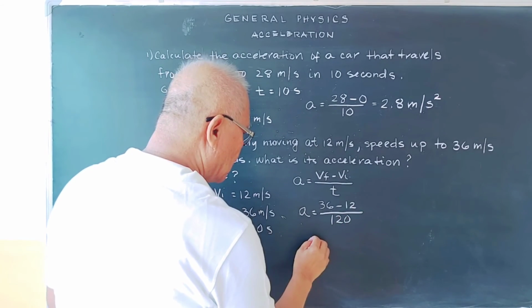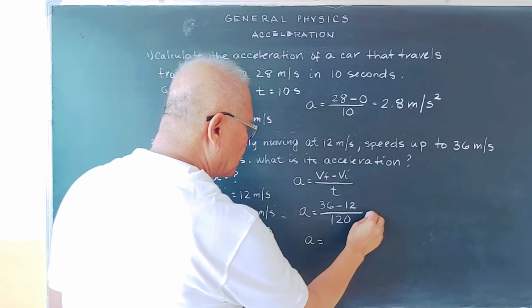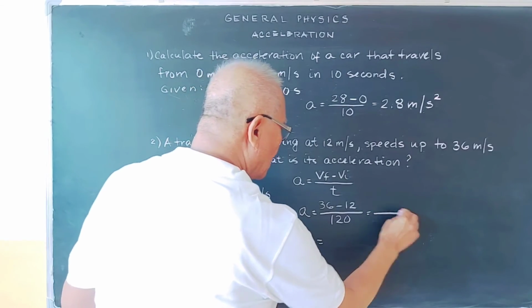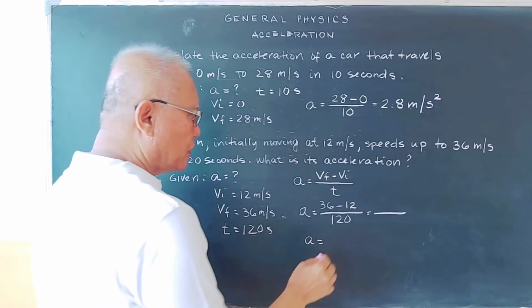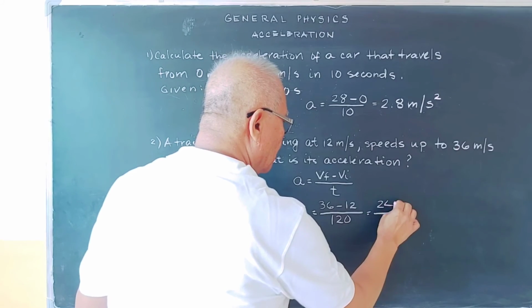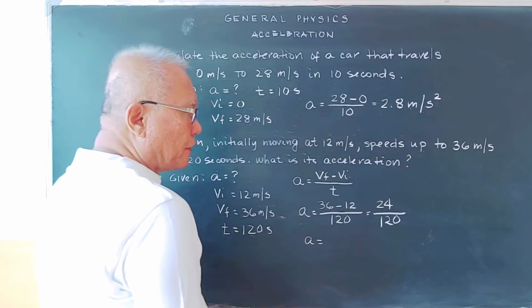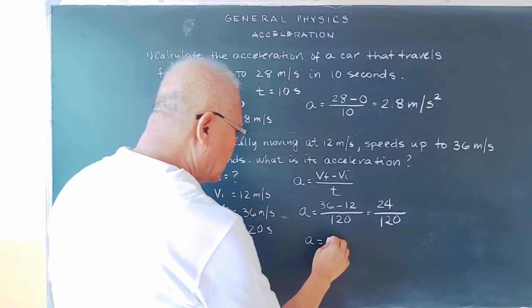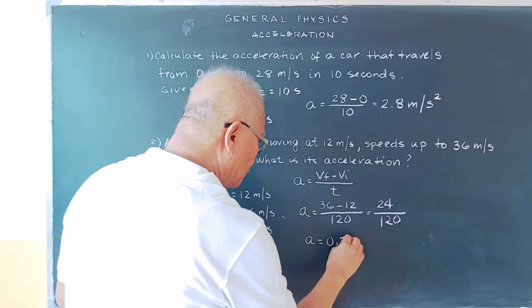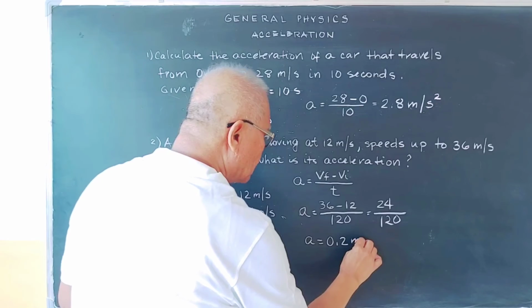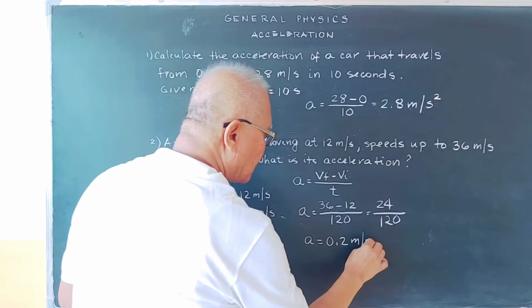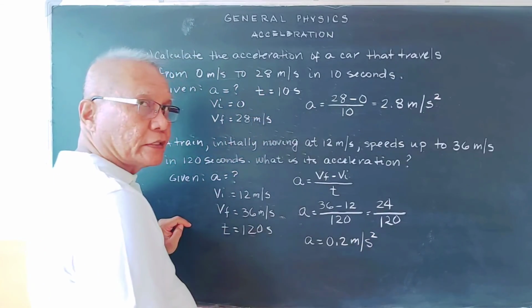So our acceleration here is equal to 36 minus 12 is 24, and then this is 120. We divide that, so we have 0.2 meter per second squared.